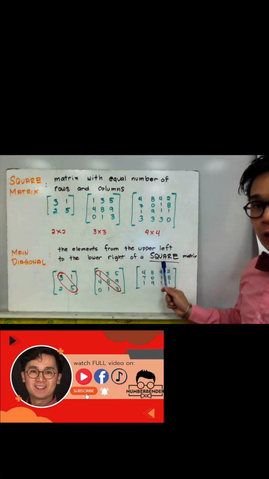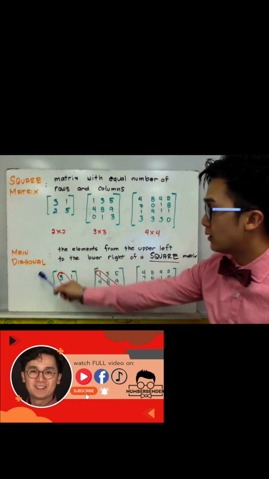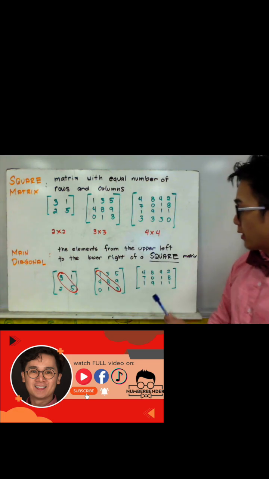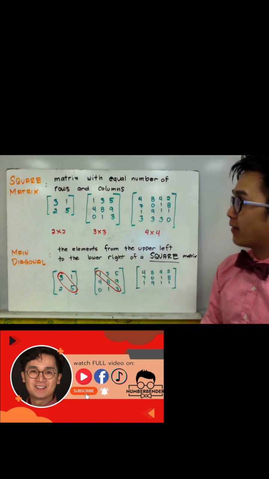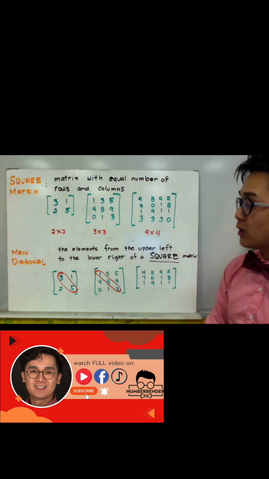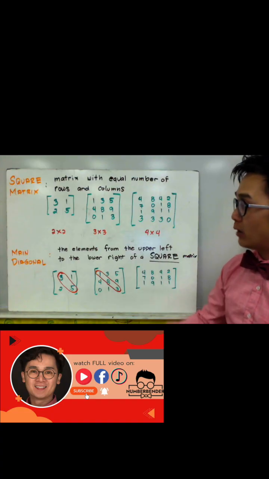And if it is not a square matrix, the main diagonal is also null. The main diagonal for the third matrix does not exist because it is not a square matrix. Those are the two important terminologies that we are going to use in our lessons in the future.